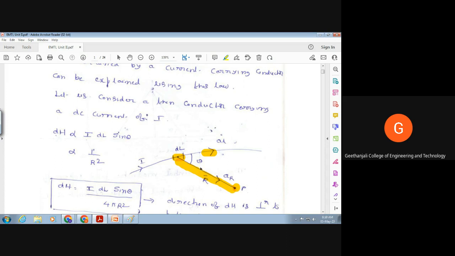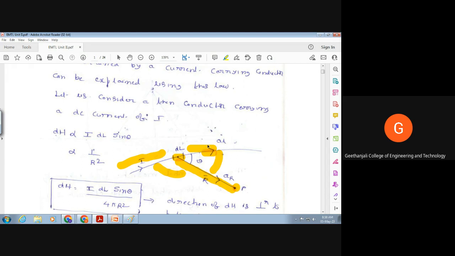What is theta? Theta is the angle between dl and r. So this is the direction of dl, this is the direction of r, so this angle will be theta. Suppose if the current flows in the reverse direction, then this would be theta.